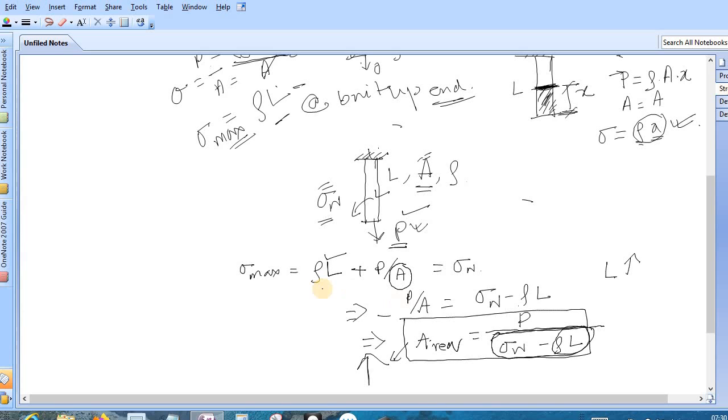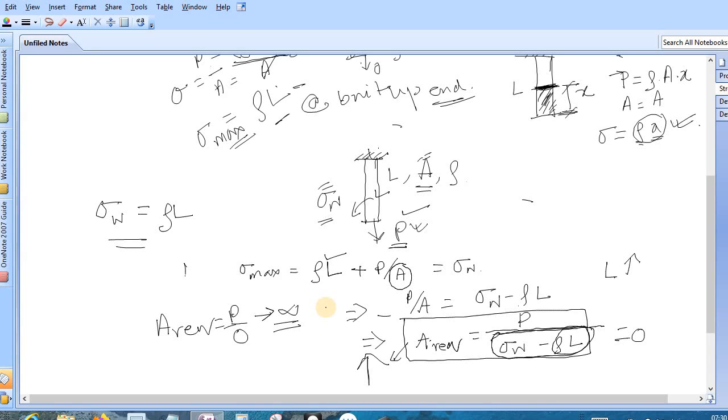Now let's say somehow the length is such that sigma W becomes equal to rho into L. In that case what will happen? The denominator will simply become 0, and the area required is P by 0, which tends to infinity.